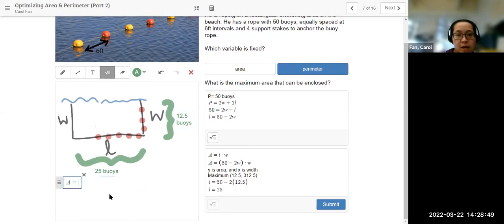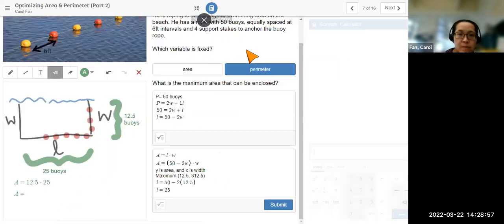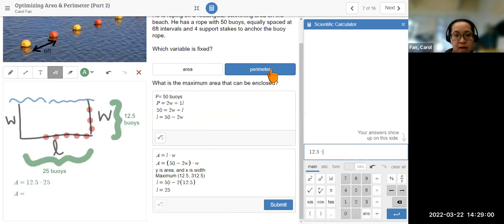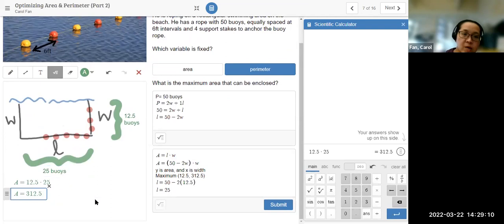So I have area is 12.5 times 25, which is 312.5, but our unit is using our buoys.